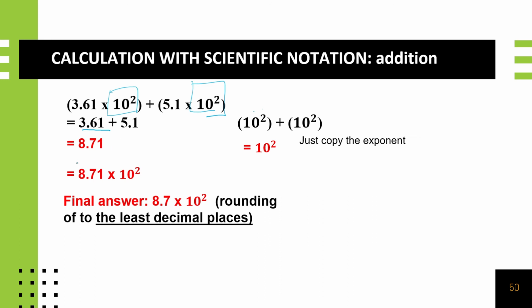So, the answer would be 8.71, tapos saka nyo itabi sa gilid. Then, ang mangyayari, magiging 8.71 times 10 raised to 2. So, kailangan daw natin gawin into two significant figures since this is 5.1, kaya naging 8.7 times 10 raised to 2 yan.